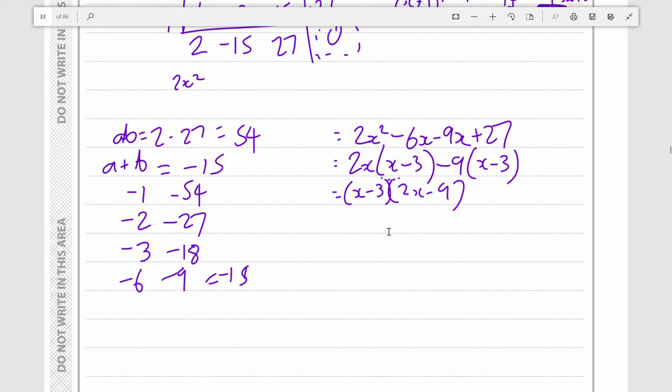So now we solve as if both sides were equal to 0, and you get the values of x to be 9 over 2 and 3.